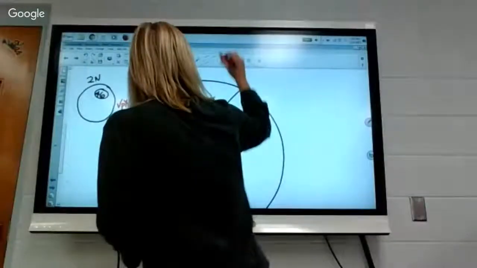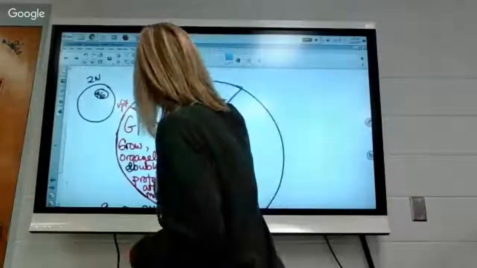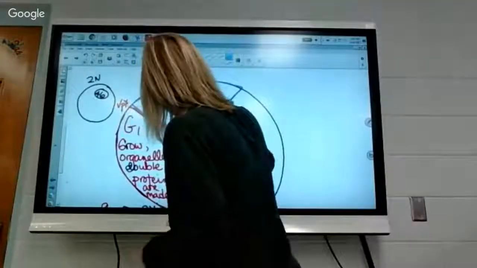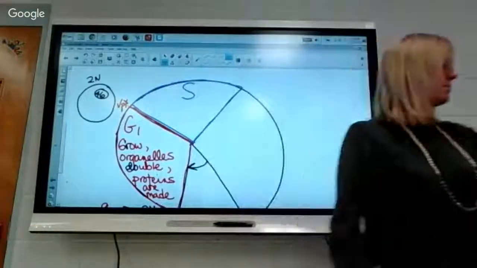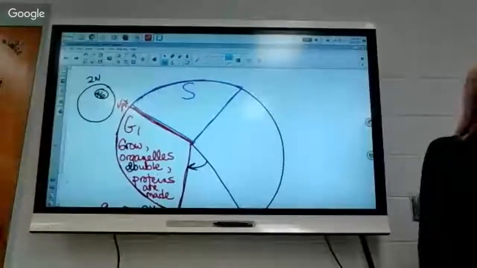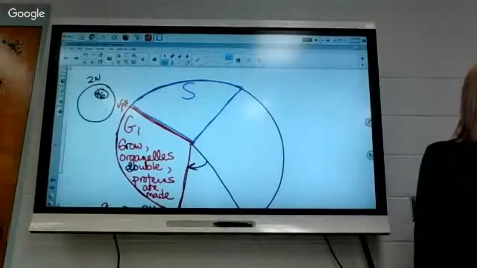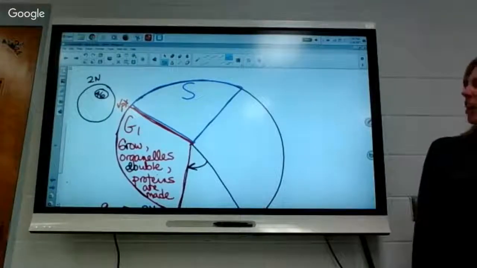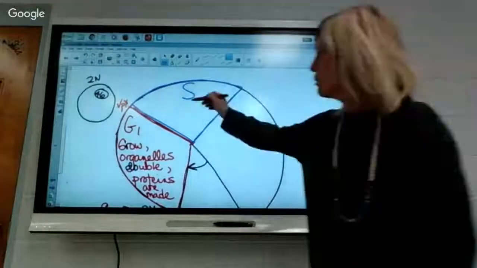Choose a color. That's called S. This is where DNA doubles, DNA replication.